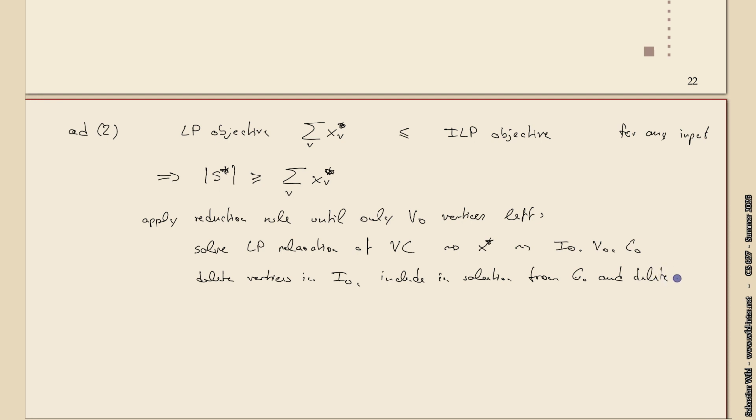So in each reduction step, we get rid of every vertex in I0 and C0. The only difference is that we keep track of the deleted vertices in Z0 because they will become part of the final output solution. And we're left with the V0 vertices.